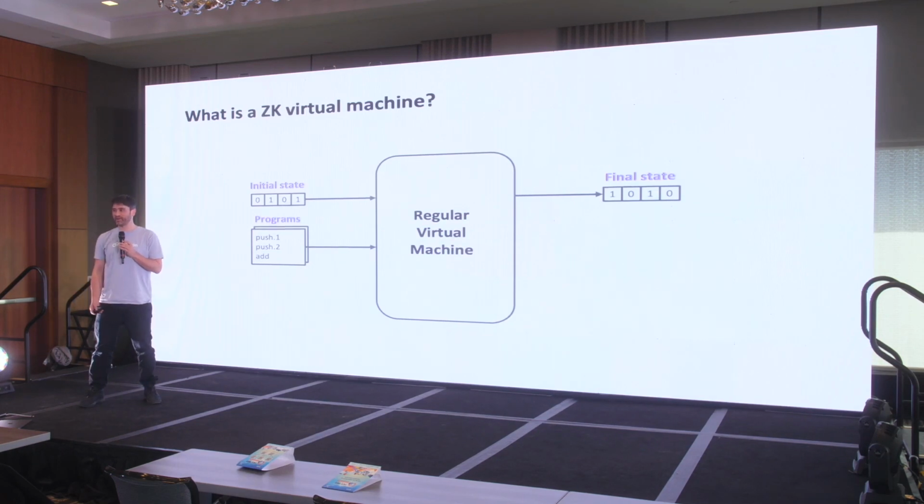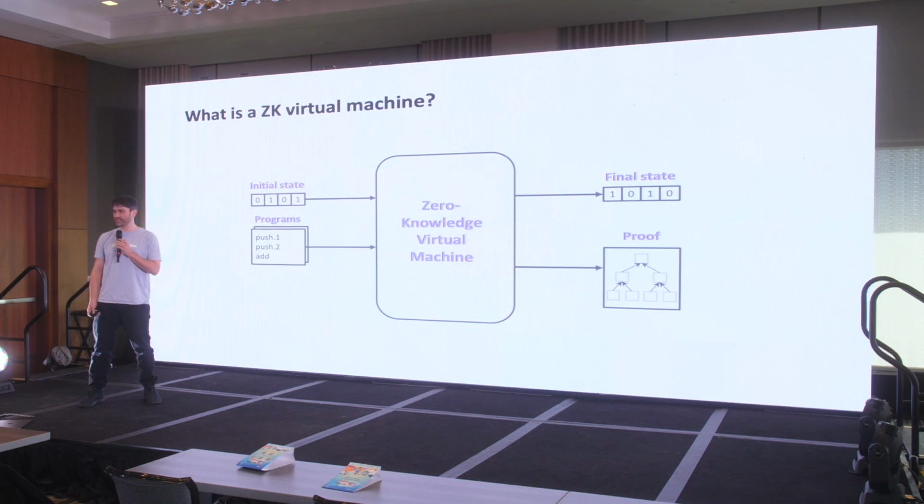Basically, the Miden VM is a virtual machine, and for most of you it might be repetitive, but a virtual machine is some kind of program where you put in an initial state and the program, and you get a final state out. The difference with a zero-knowledge virtual machine is that now we get a final state out, but also a proof.